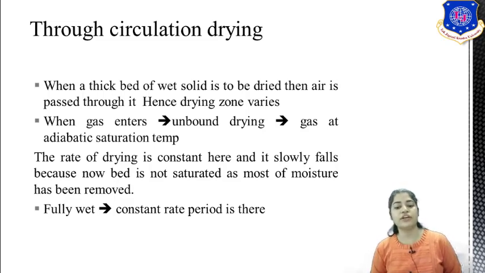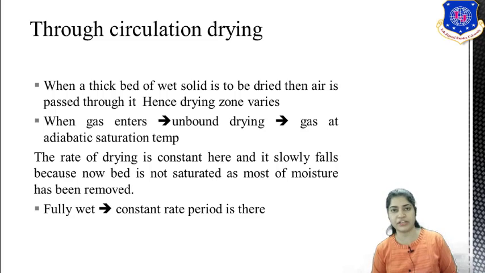So the rate of drying is constant here, and it slowly falls when the bed becomes unsaturated, because most of the moisture has been removed. First, constant rate period is followed, and then the rate decreases because most of your moisture has been removed. Now try to understand that when you are drying here, the temperature of the gas after drying would be what?